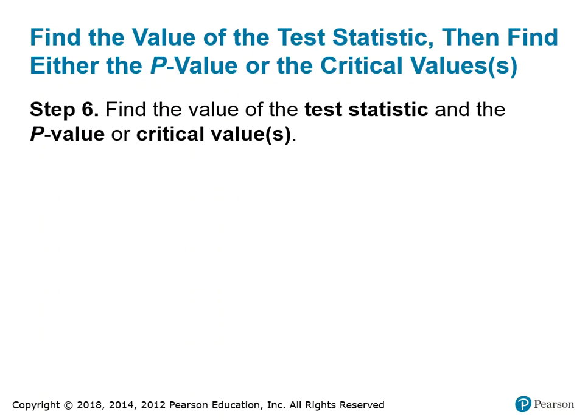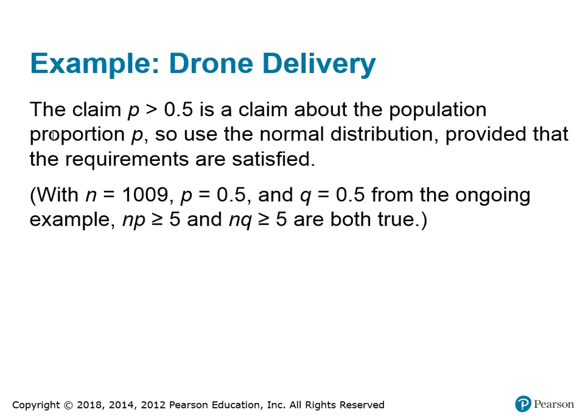So now that we've decided that, we know we're going to do a one proportion z test. You would grab whatever technology you're going to use and run that test.